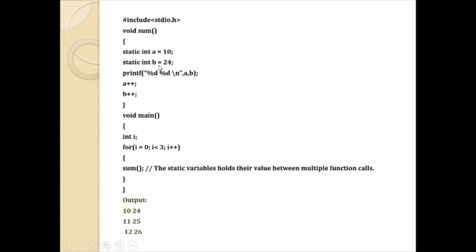Within the sum function we have defined variables with the static keyword. These variables are called static variables and are initialized with the values 10 and 20. You can initialize them only one time. You should remember the static variables are initialized only once.